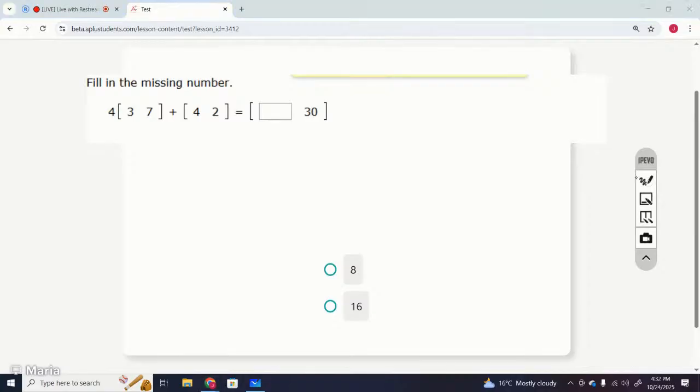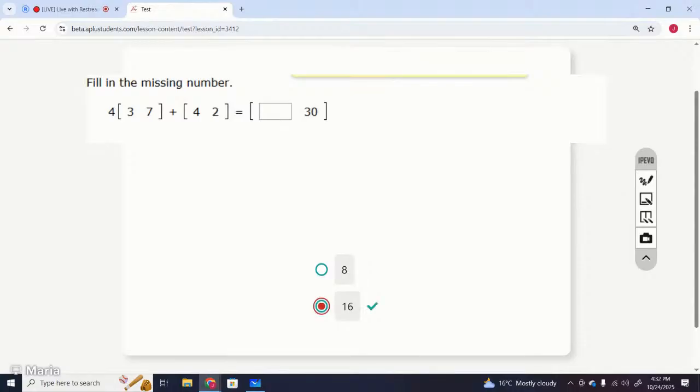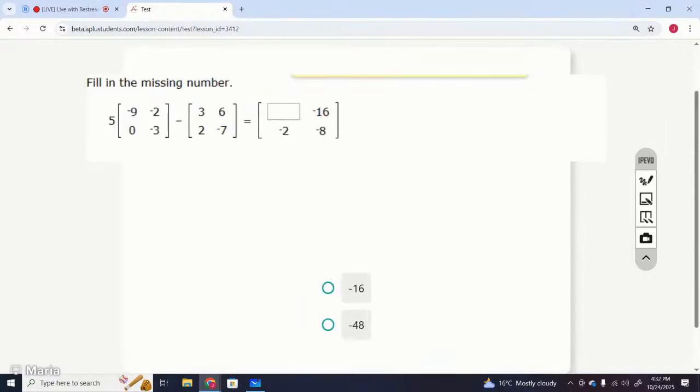Fill in the missing number. 4 times 3 is 12, and 12 plus 4 is 16. Option number 2 is the correct option.